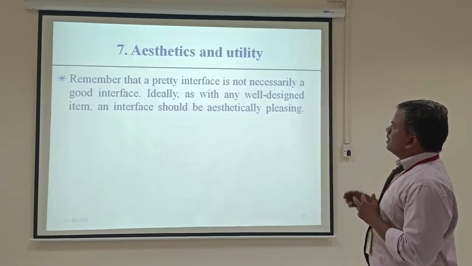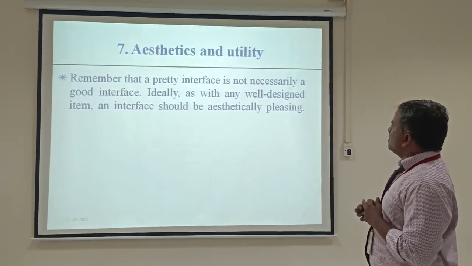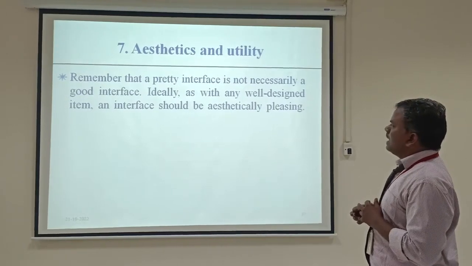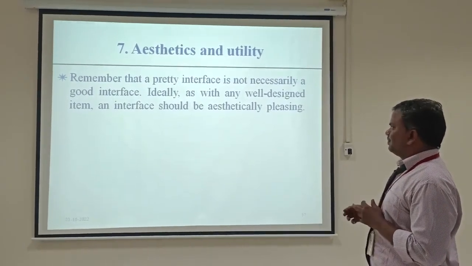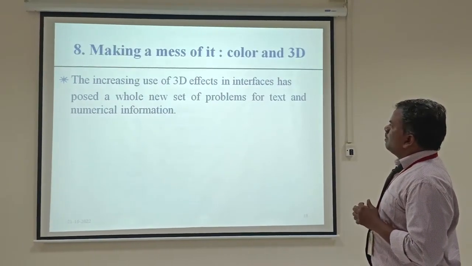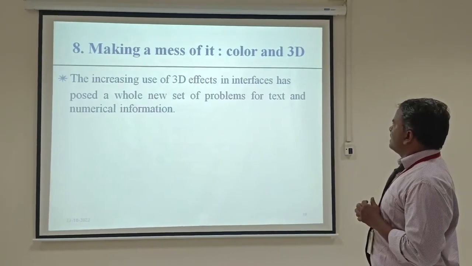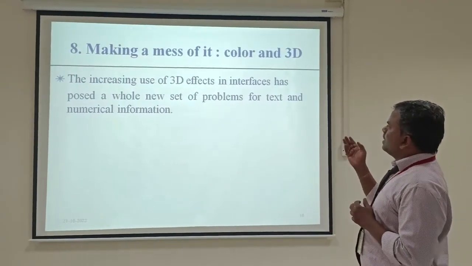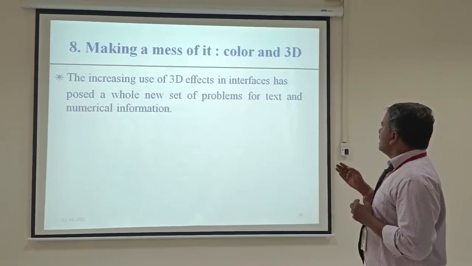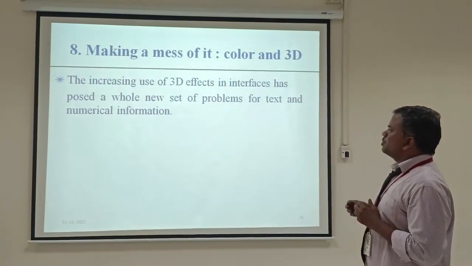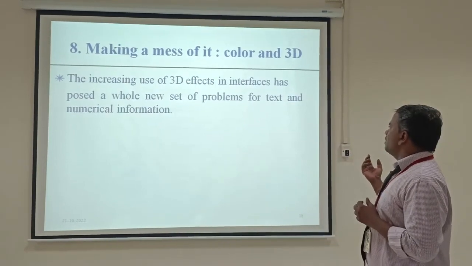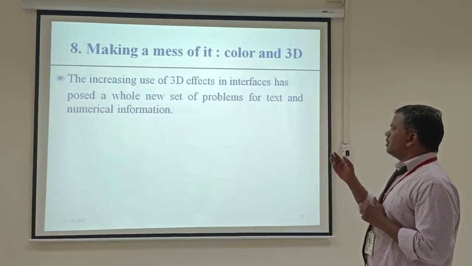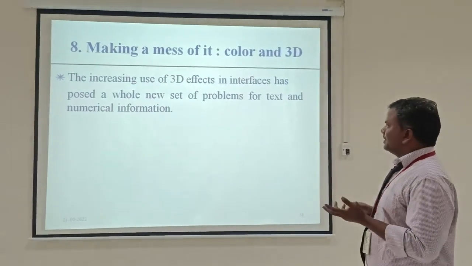Aesthetics and utility. Remember that pretty information is not necessarily a good interface. Making a mess of it: color and 3D. The increasing use of 3D effects in interfaces has posed a whole new set of problems for text and numerical information.